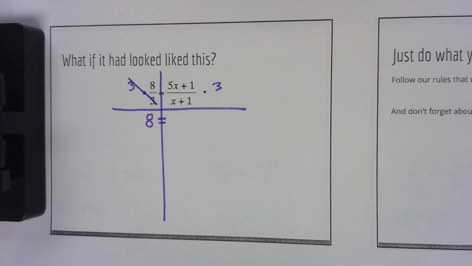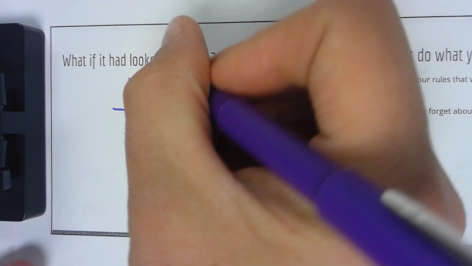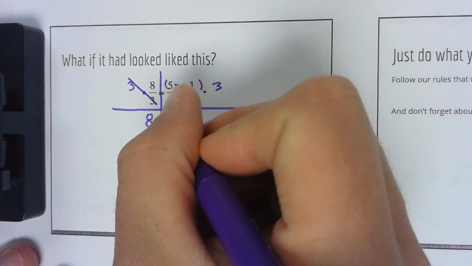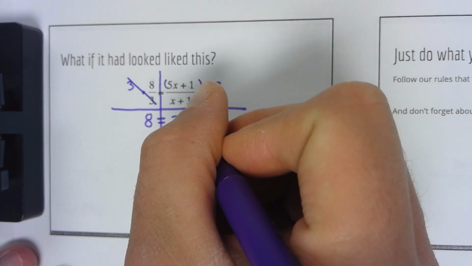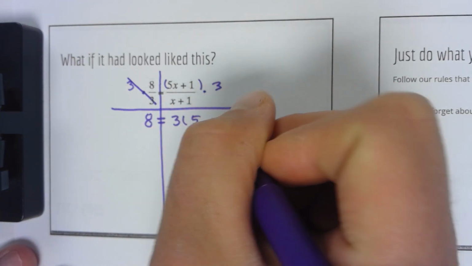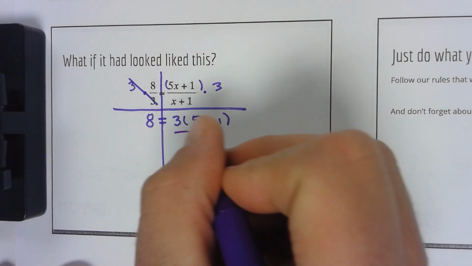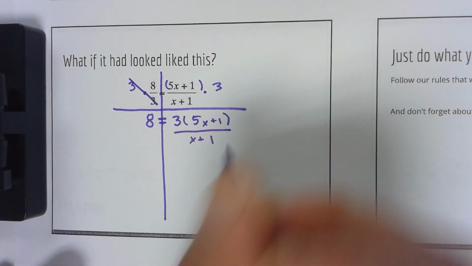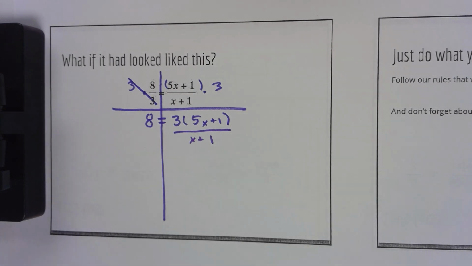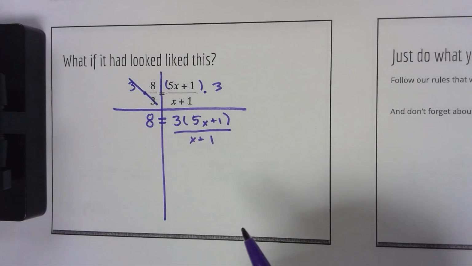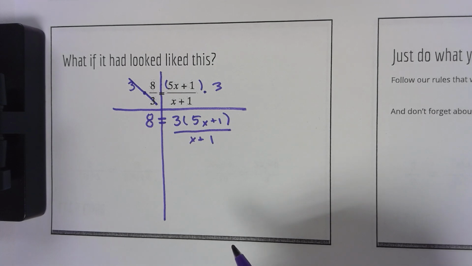I'm going to actually wait a second on doing that. So what I'm going to do is put parentheses around the 5x plus 1, just so that I know that 3 needs to multiply to the 5x plus 1. And then we're still dividing by x plus 1. So now the only other division we have is on the right side, where we're dividing by the entire term of x plus 1.